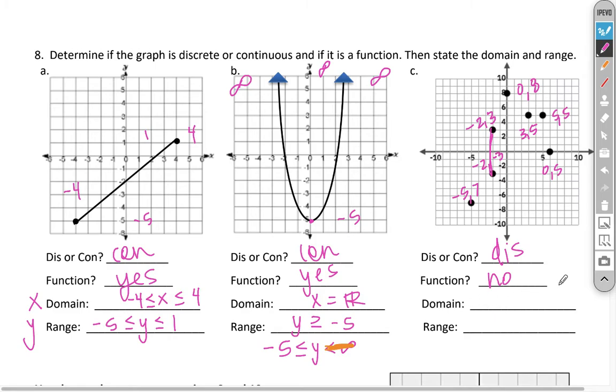So we list all of our x's in the domain, and we do this in order from least to greatest. So we're going to have negative 5, negative 2, 0, 3, 5, and 6. I wrote this one as 0, 5, and 6. That's where I got that 6 from down here.